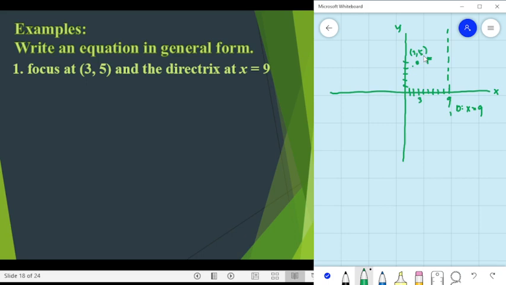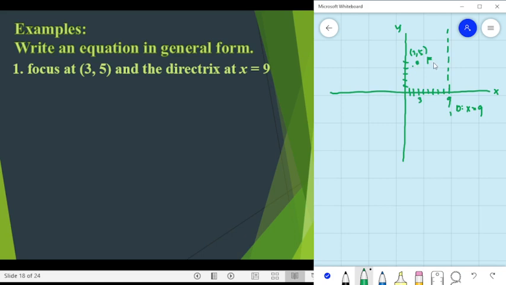Okay? So from here, you should be able to know your opening. So where will your parabola open? The focus is on the left side of the directrix, so that means the vertex must be between them.